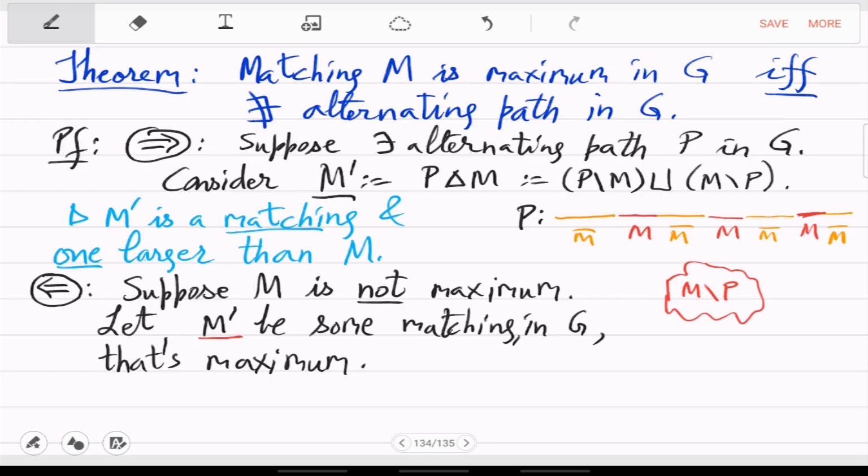So let G prime be the subgraph of G which has edges only from M and M prime.